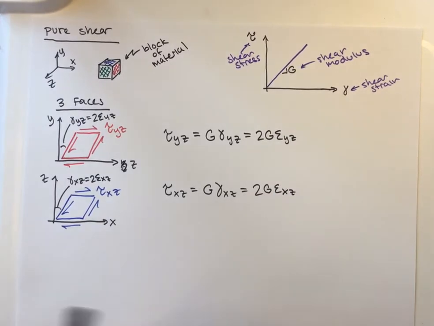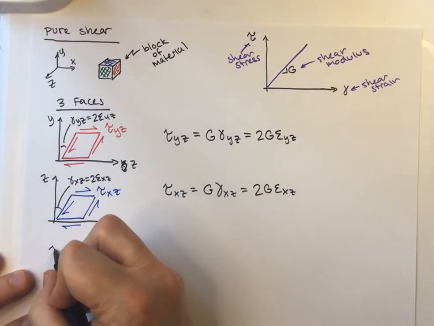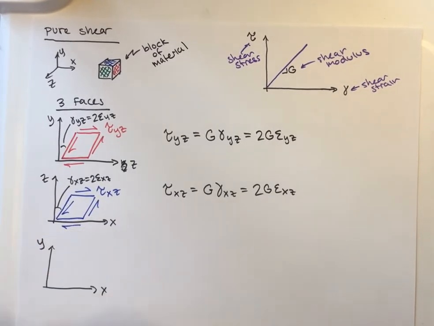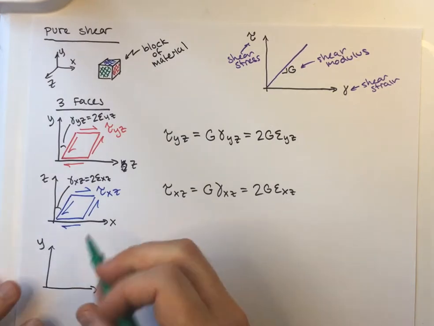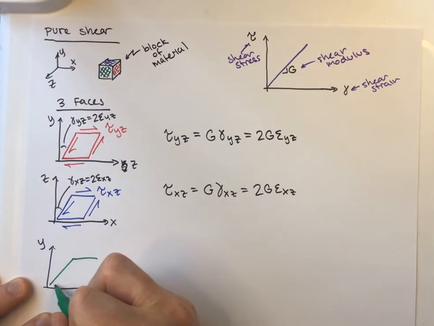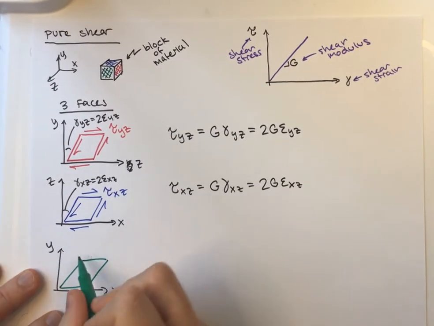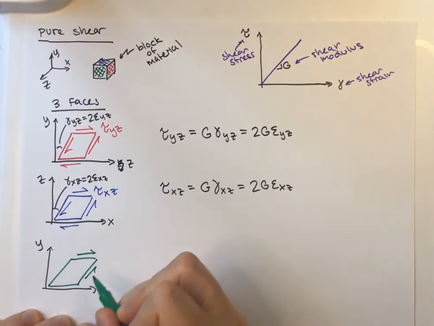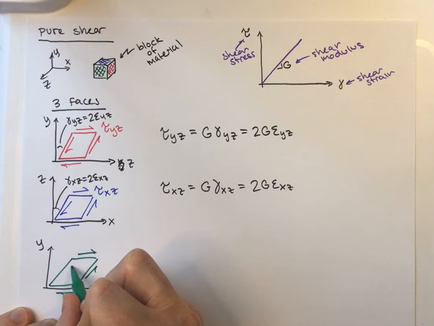And as you had probably guessed, if we do this again for our green square, I'll try and do this quickly. I know you're probably bored of seeing the same picture. We're going to have a picture that looks like this.